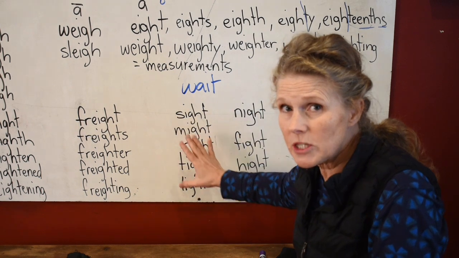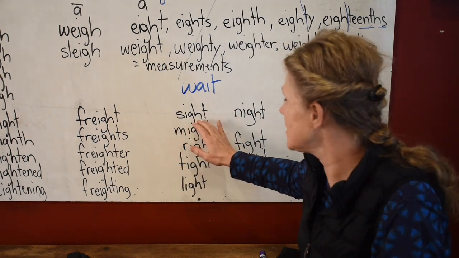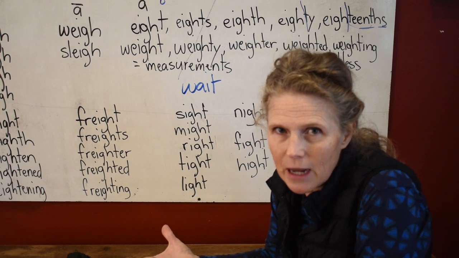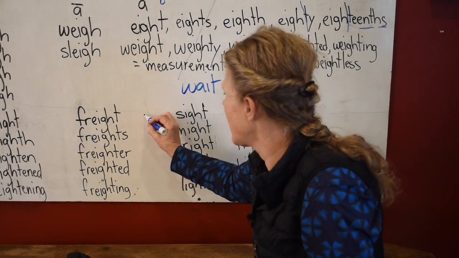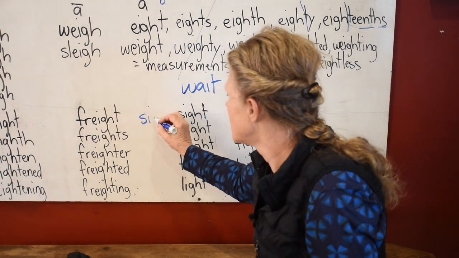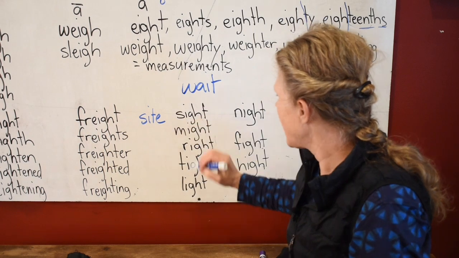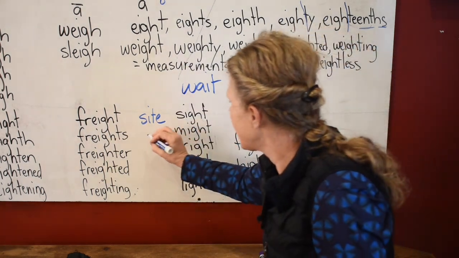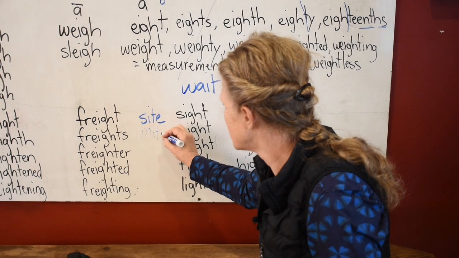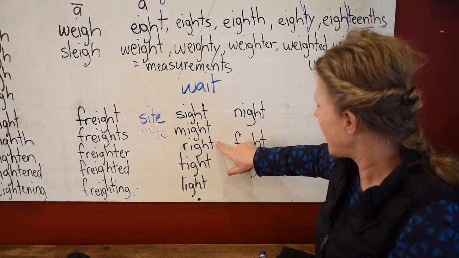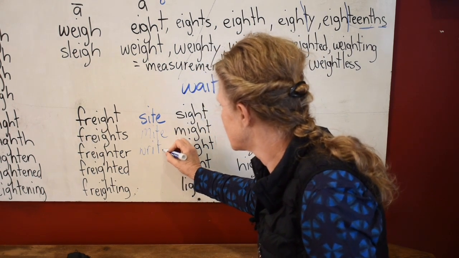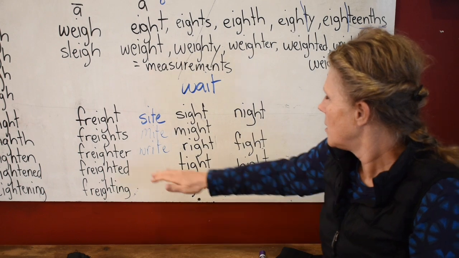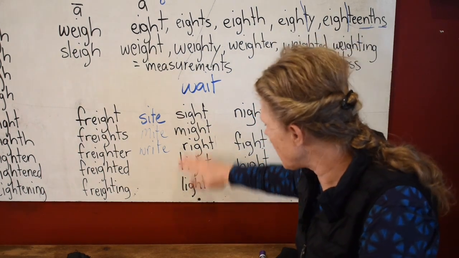So these pretty much have homophones. We needed something else to say the long I sound. It sounds the same, but it means something different. So like we have sight, might, right. Just be careful, just memorize them.